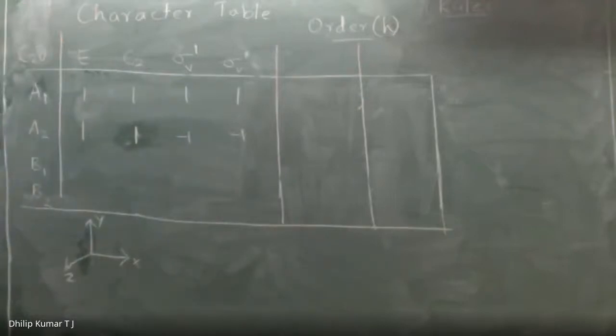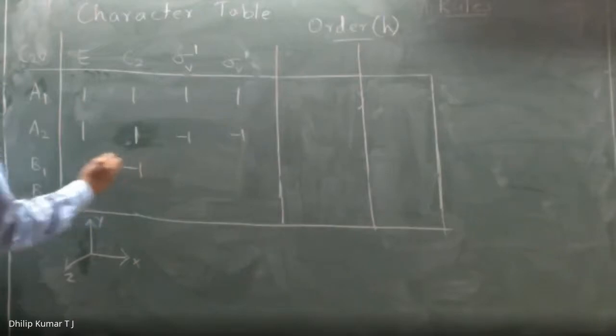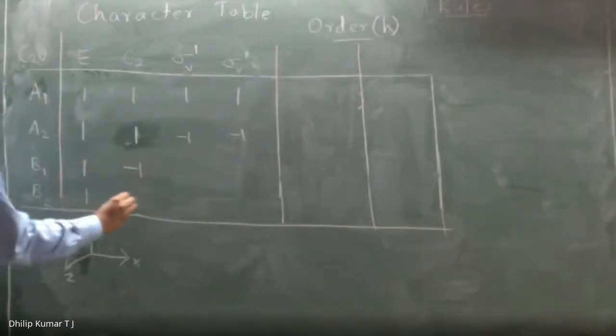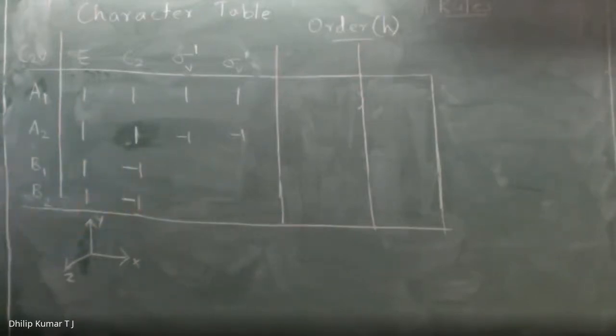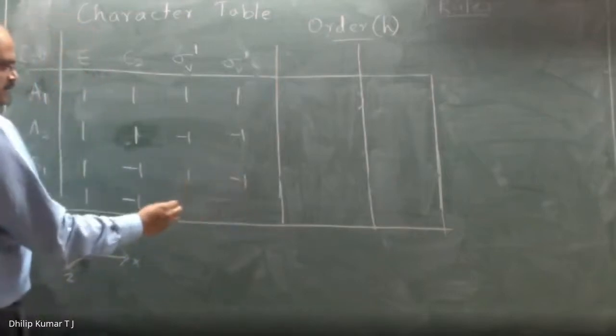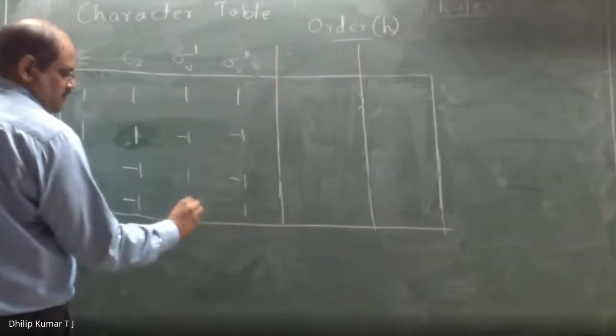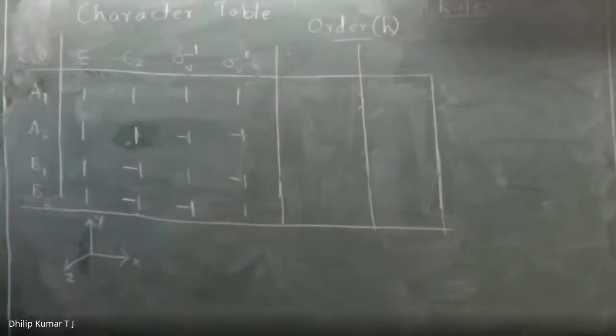And for B1, the difference between B and A is that it is negative in C2. We have to write the other 2. So B1 is 1 and -1, and since it is this way, this will be -1 and 1. So these are the characters of all the IRs for water, and here is something very important.